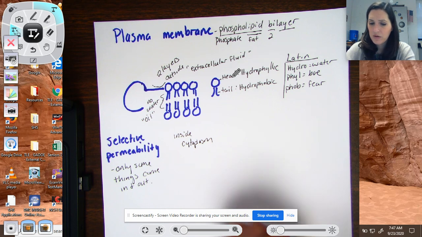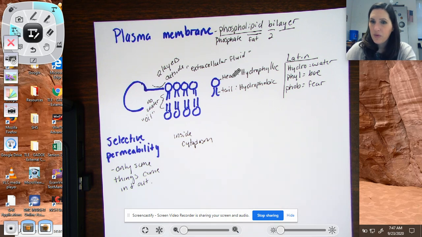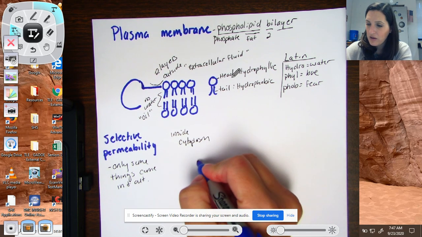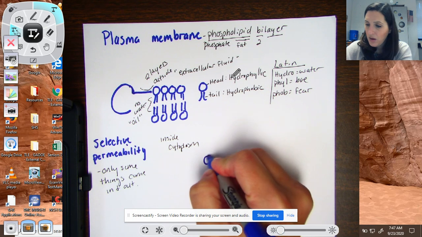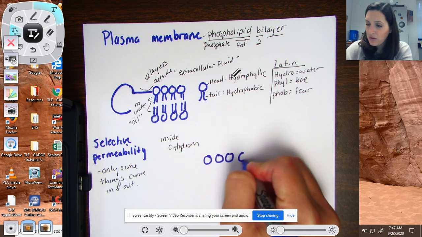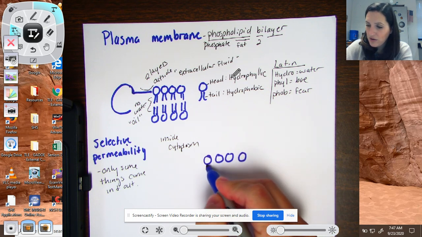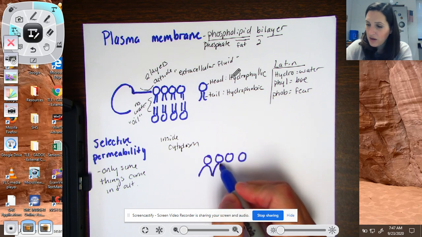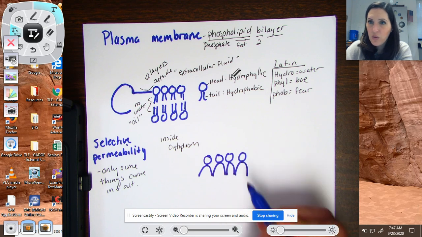And that's really important. Okay, so really what's happening with these tails and heads, let me draw over here. The tails form these connections like this when they're normal.